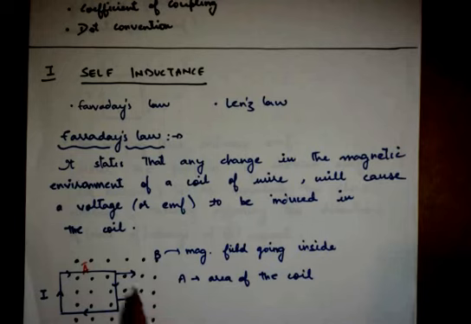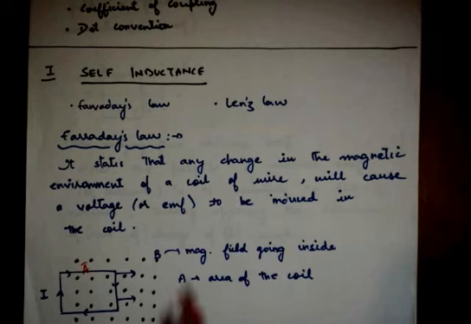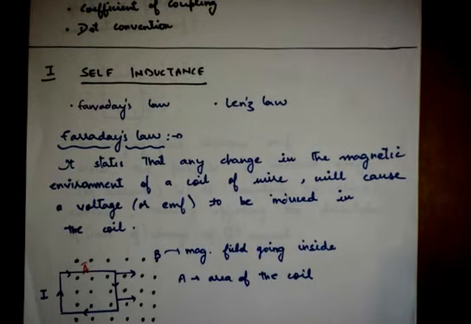The dot represents the movement of the magnetic field to be inside, meaning away from the observer. Due to this, a current will be induced in the coil and so the EMF, according to the definition of Faraday's law.